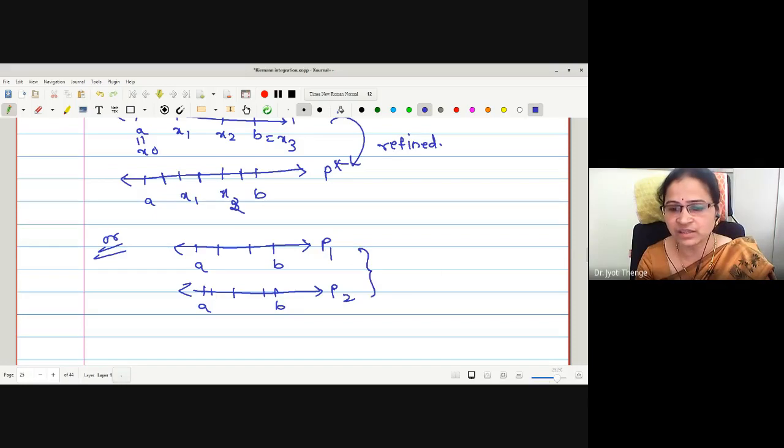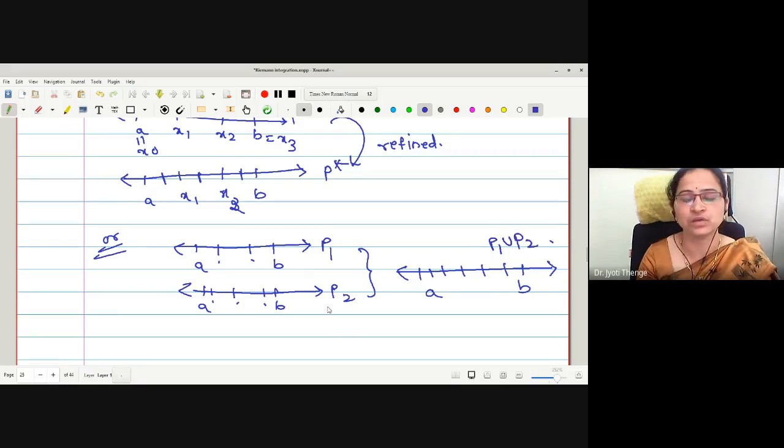Therefore, if I take the union of these 2 partitions, what will happen? How many points do I have to draw? First, second, third, 4, and 5 points I have to draw in all, right? Therefore, this will be P1 union P2. We have taken the union of the 2 sets P1 and P2.